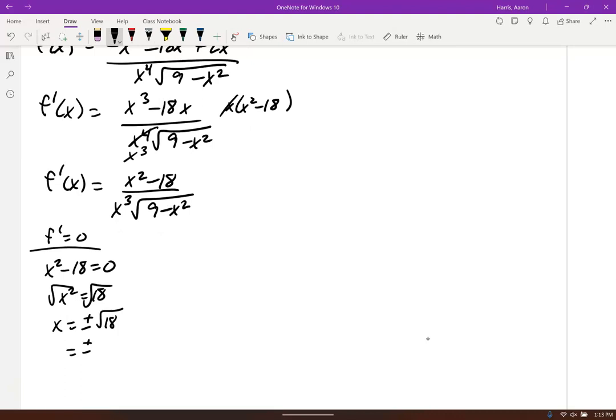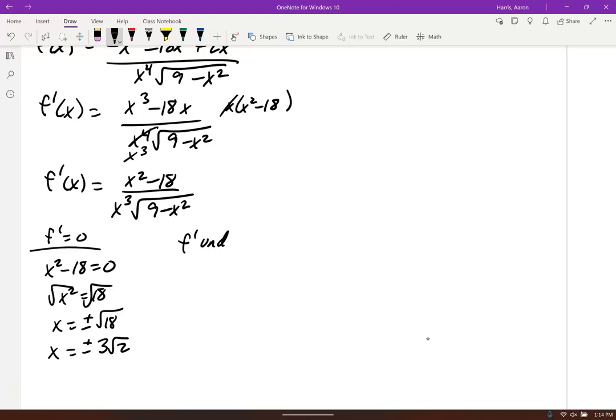In other words, plus or minus 3 root 2. Well, if you think about that, square root of 18 is 4 point something, right? Square root of 16 is 4. So this is actually outside our domain. So there's no need to test this because it's outside our original domain.